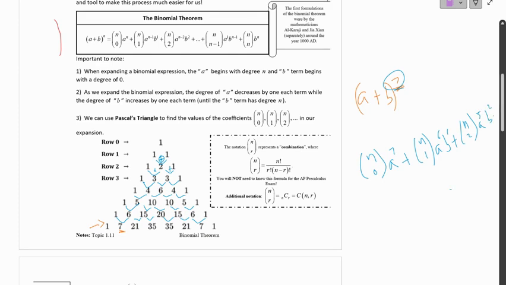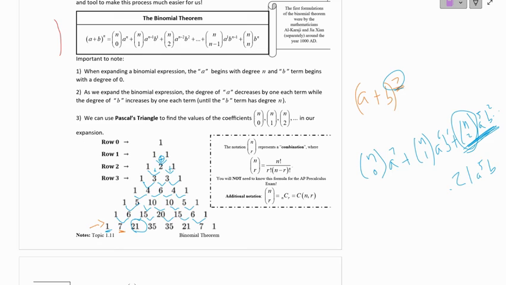If I wanted the third term, I just need to figure out what n choose 2 is. And again, remember it always starts with 0. So the rows start at 0, but so do the terms in each row. So this is the 0, this is 1, this is 2. So I know n choose 2 is 21, and then a to the fifth, b to the second. So there would be that one specific term.